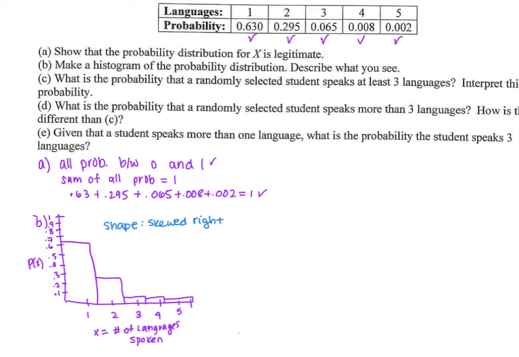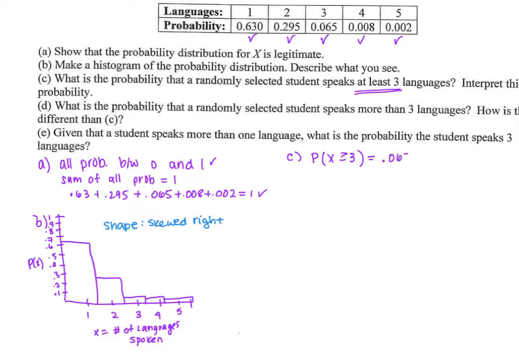And now we're going to calculate some probabilities. Part C: what is the probability that a randomly selected student speaks at least 3? At least 3 includes 3, so it'll be the probability that X is greater than or equal to 3. The way you do that is you just add up each of the different probabilities, 3, 4, and 5.